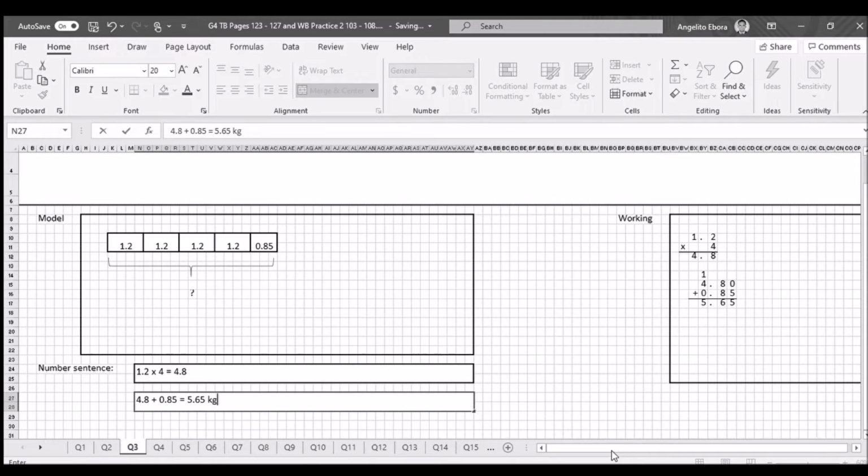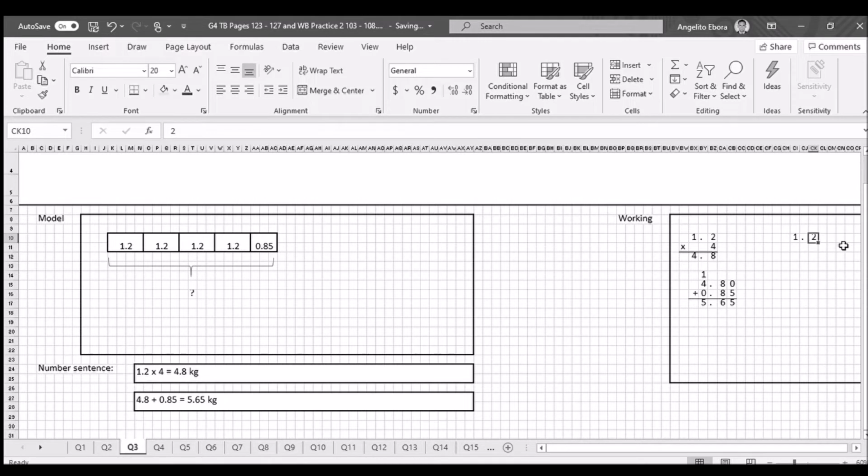So our unit is kilograms. Okay? So it's the same as adding 1.2 four times to 0.85. Okay? It's the same thing.